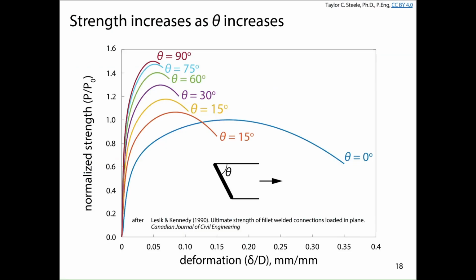This is a graph that shows how the force-deformation response for welds changes with the angle of loading. We just talked about a case where we have welds that are parallel to the applied load. For this case, the angle between the applied load and the axis of the weld is 0, right, parallel.